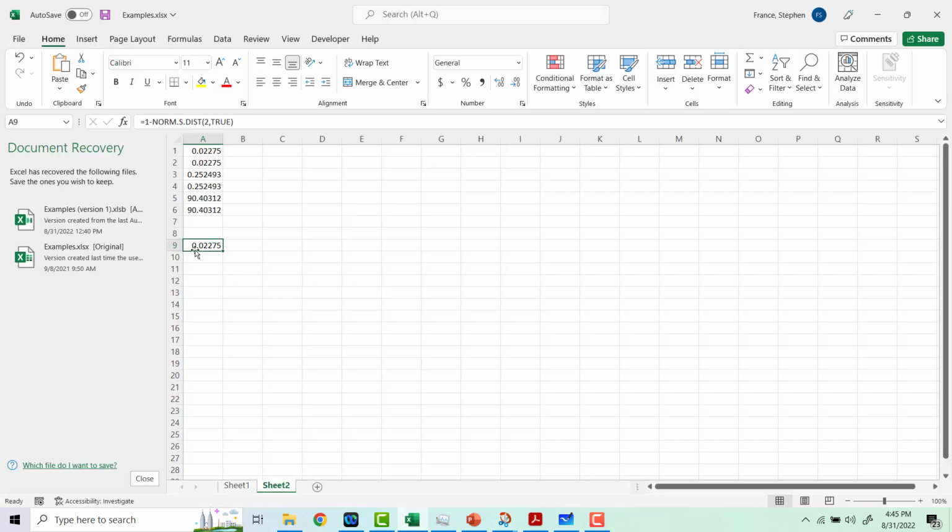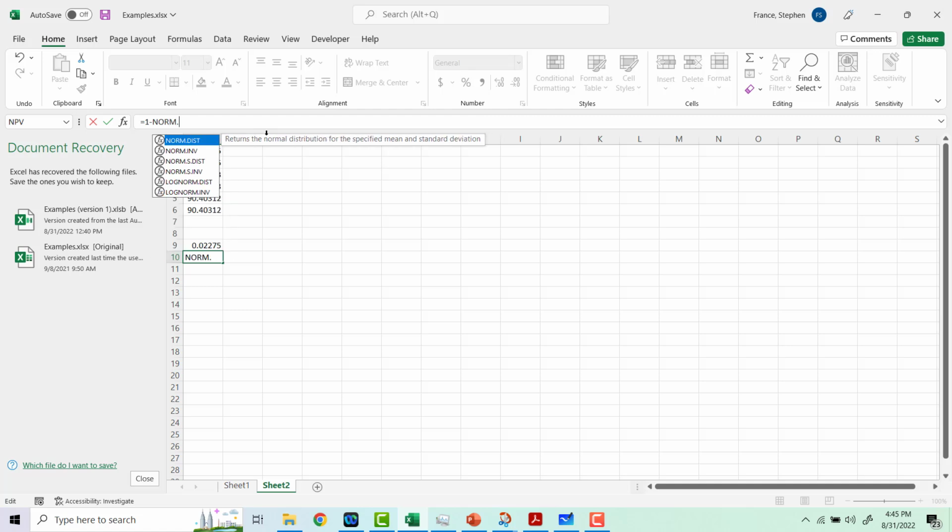Okay, so another way of doing it is we could do 1 minus norm.dist, and we don't even have to calculate the z. And here my x was, if you recall, we're looking for returns greater than 34%.